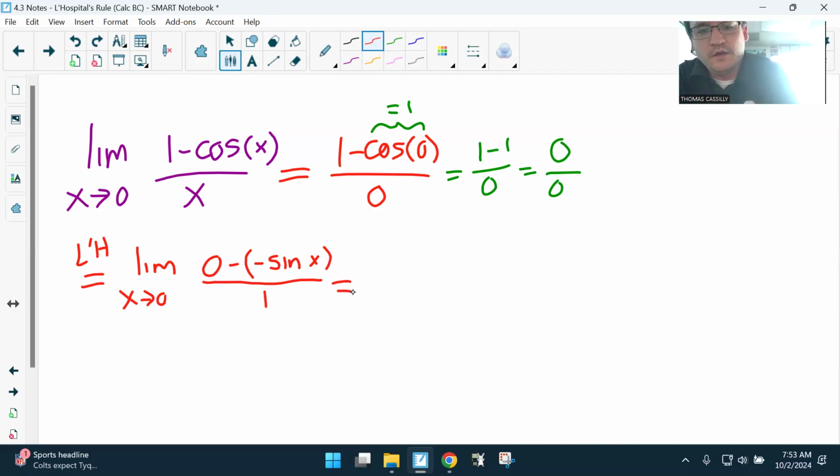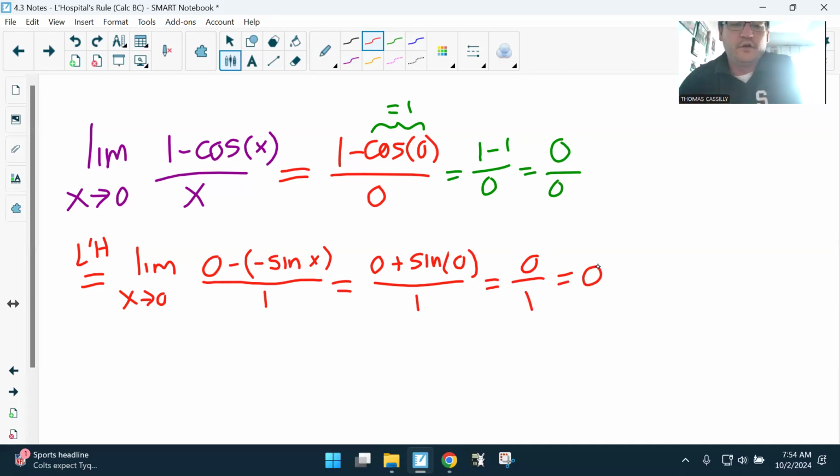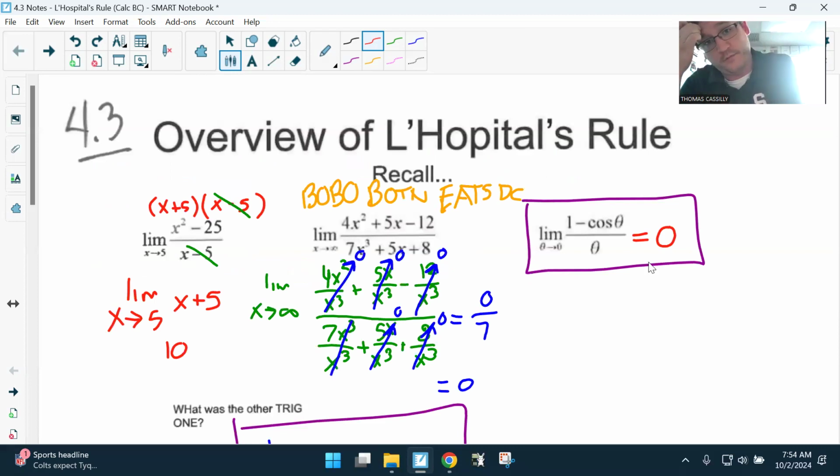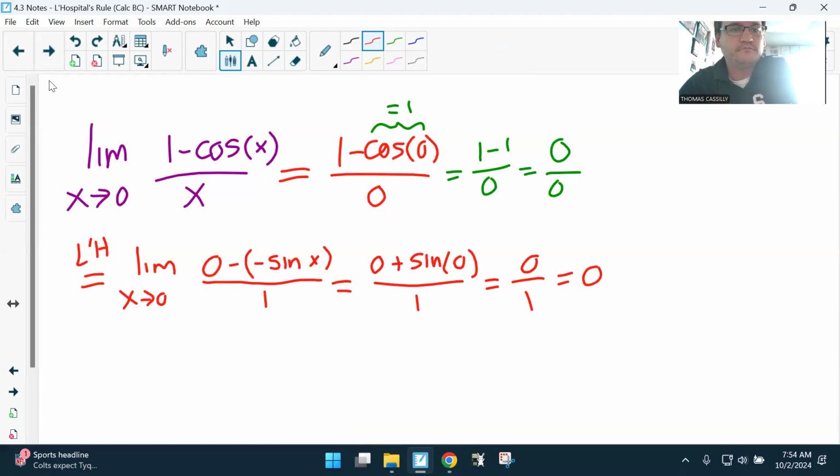So we have 0 plus the sine of 0 all over 1. So this equals 0 over 1, which is in fact 0, which agrees with our claim from way back in, I think that was section 1.1. So that one is true.